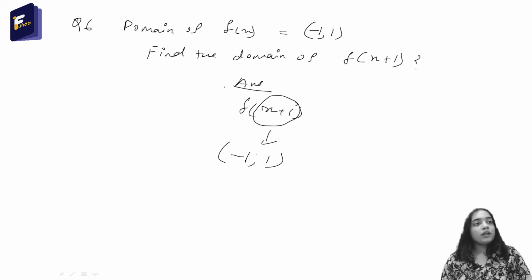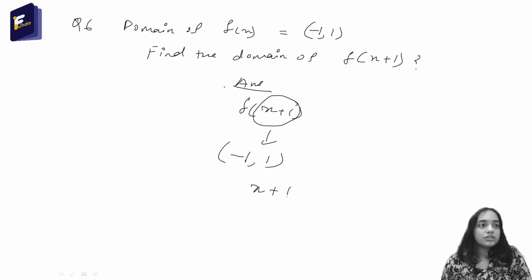So from this discussion we got a condition that x plus 1 should be less than 1 and it should be greater than -1. So x must be less than 0 and it should be greater than -2.